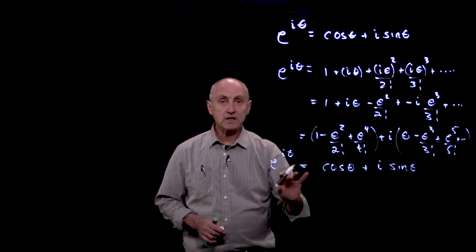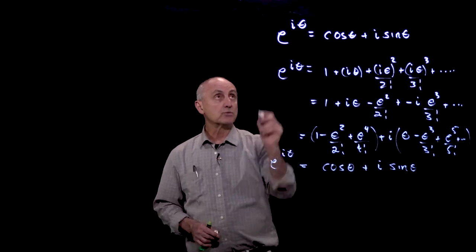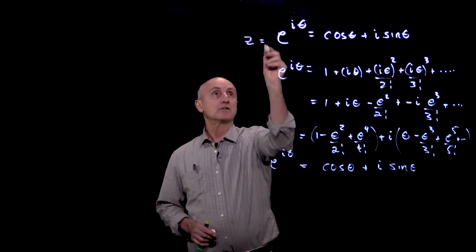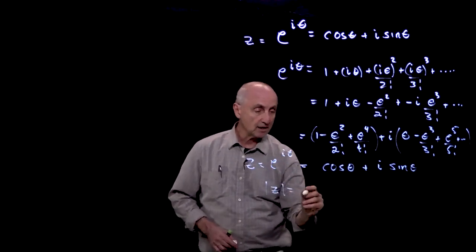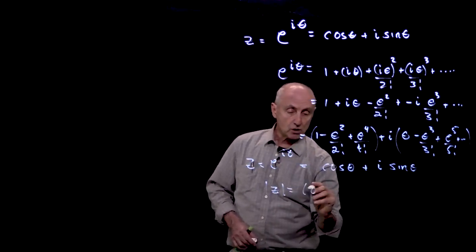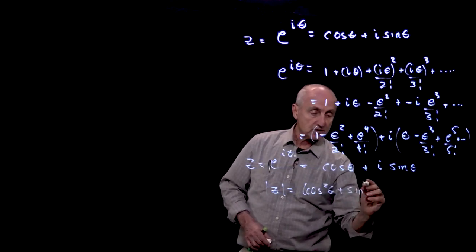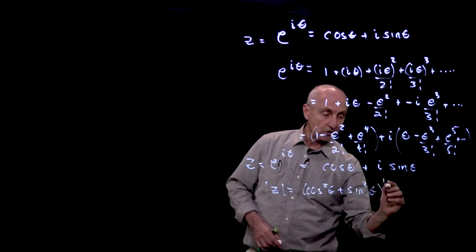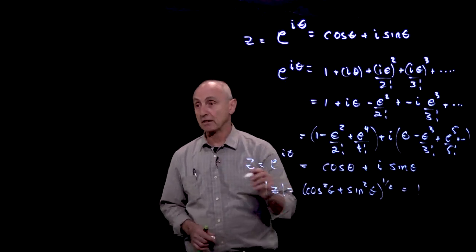And now we can represent this complex number. So let's write this as a complex number. Notice that its modulus is cosine squared theta plus sine squared theta to the 1/2. It's 1. So it's a complex number of unit length.